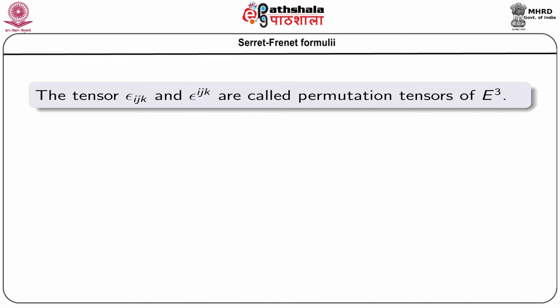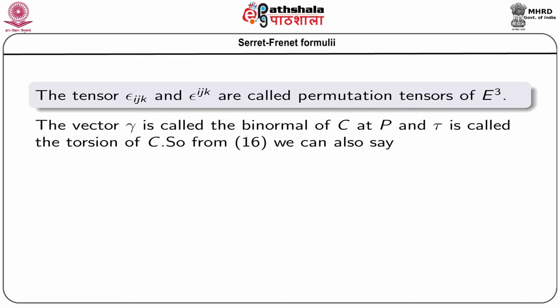Just as we have mentioned, these tensors ε_ijk and ε^ijk are called permutation tensors of E3. The vector γ is called the binormal of C at the point P, and τ is called the torsion of C. So, we have obtained two new concepts, that is curvature, which is denoted by κ, and τ, which is the torsion of a curve.